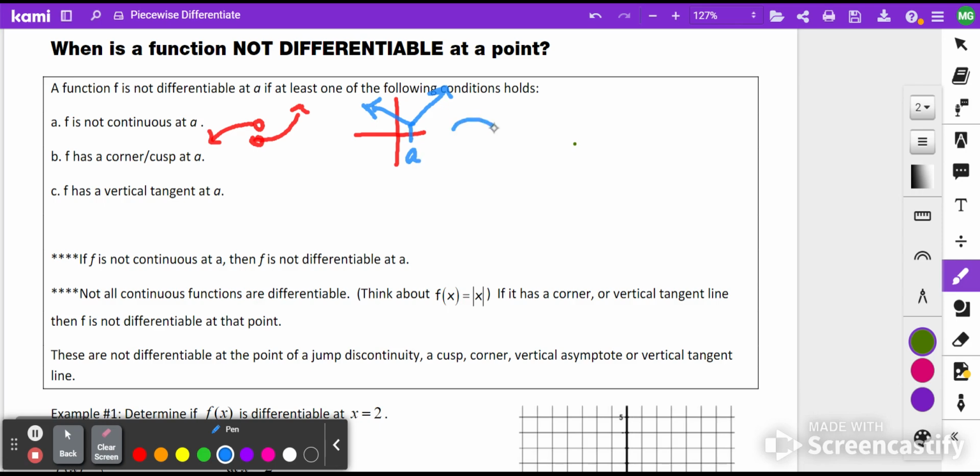Same thing if we have some kind of a cusp, we would not be able to find the derivative at that particular point. And also if it has a vertical tangent, okay, so a vertical tangent line looks something like this. We have some functions that look like this with a tangent line that's vertical. So that would be another example when we could not differentiate at that particular value. Okay, but most of the time we can, and that's what we're going to focus on.